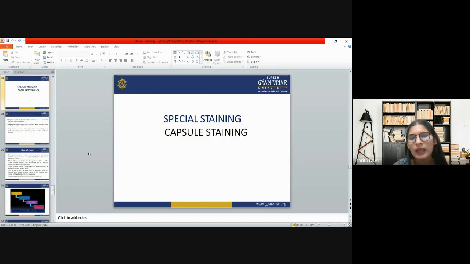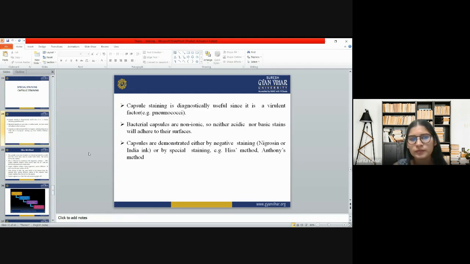Now we have another method of staining, that is special staining, and in special staining we will see capsule staining. Capsule staining is diagnostically useful since it is a virulence factor. It is used for pneumococci. Bacterial capsules are non-ionic, so neither acidic nor basic stain will adhere to their surface.